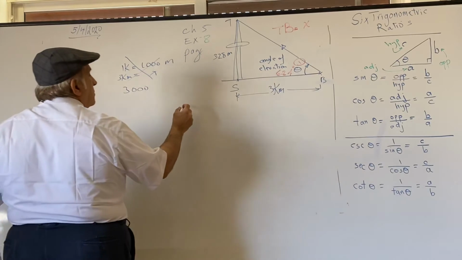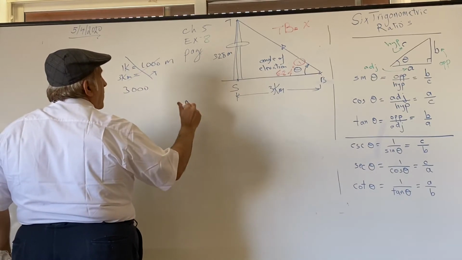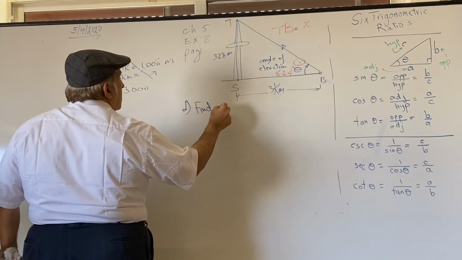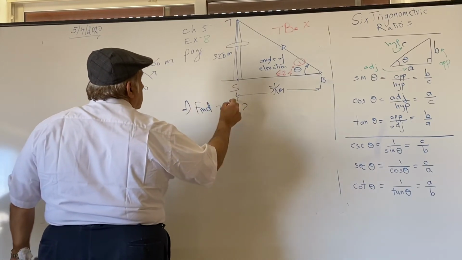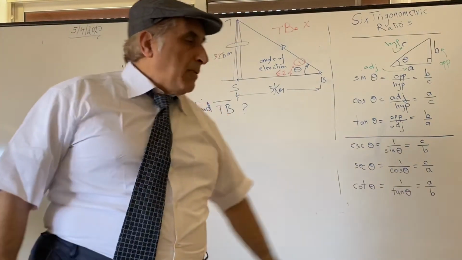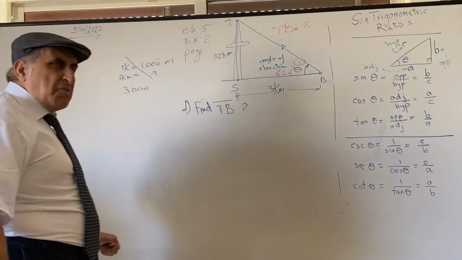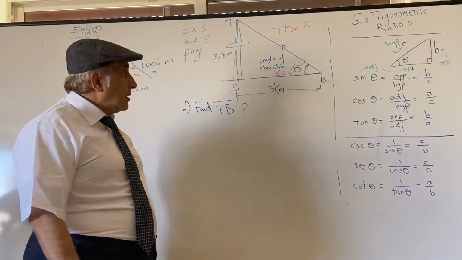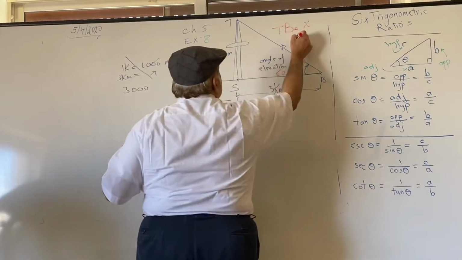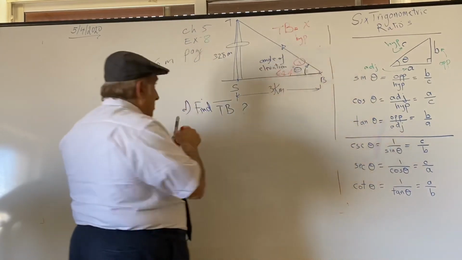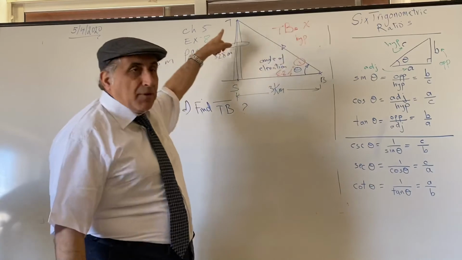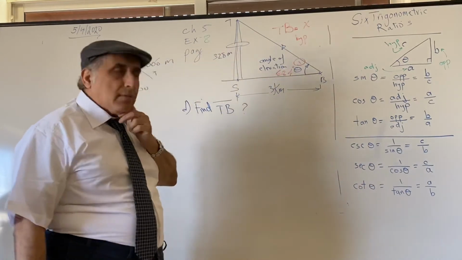I'm looking for the distance between T and B. Some people say, I can use Pythagoras. Yes, you can. Some people say, since this is the hypotenuse, I can go opposite over hypotenuse. I can use sine. You're right.